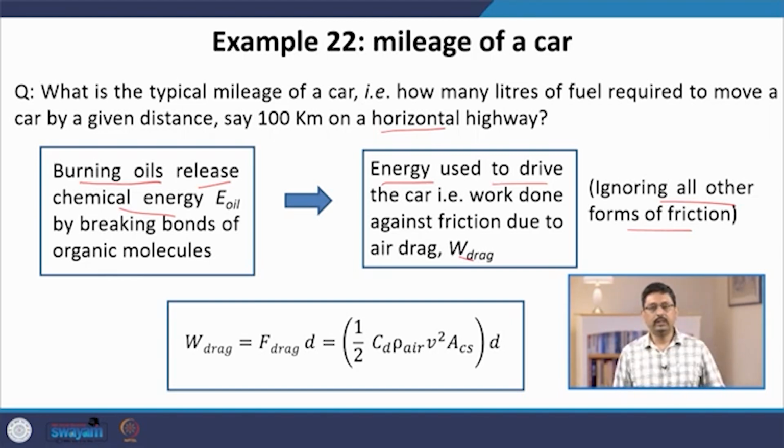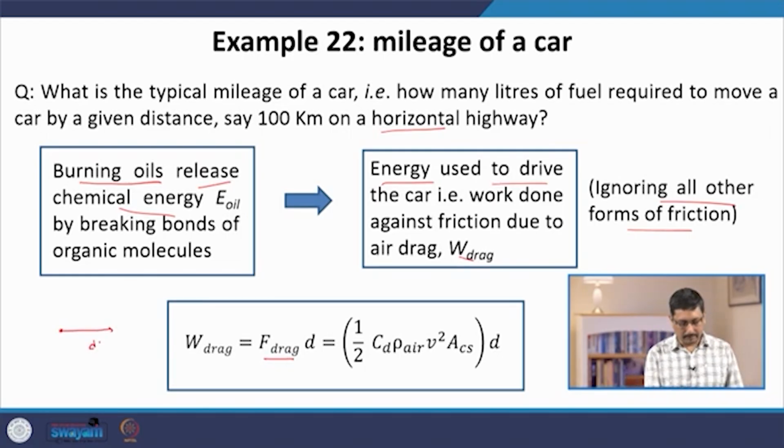Now, if you remember, suppose the force due to drag is F drag and the car moves a distance d on the highway, then the magnitude of the work done against this force, by the definition of work, is F drag times the distance by which the car moves.